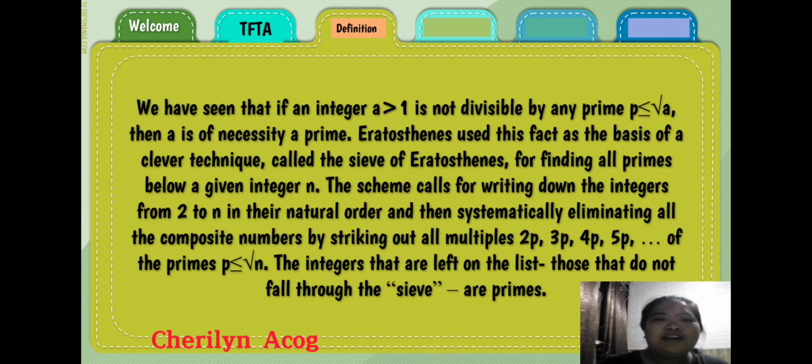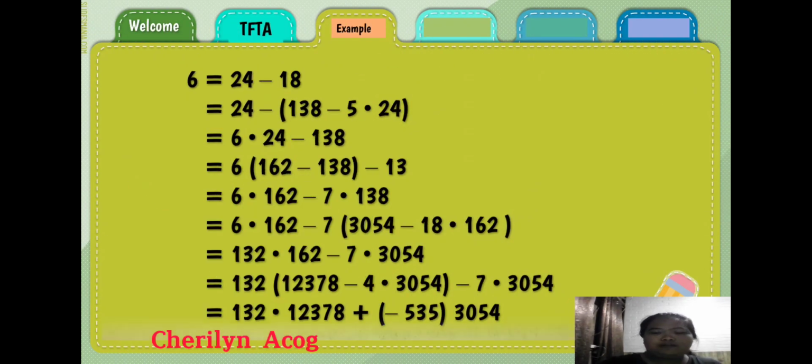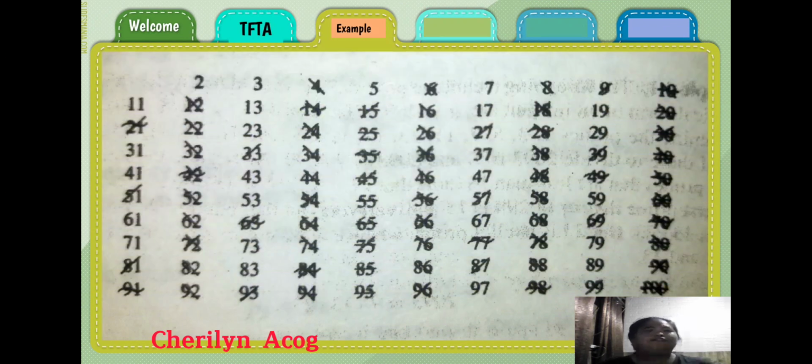So we have here an example. Consider all the integers from 2 to 100. So, list the numbers from 2 to 100, starting at 2 and ending at 100. The first thing to do is to cancel out the even numbers because even numbers are composite numbers.